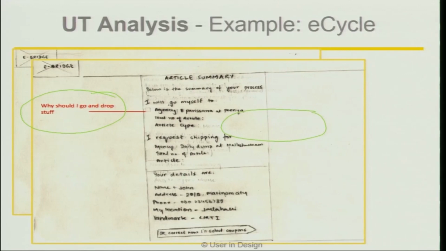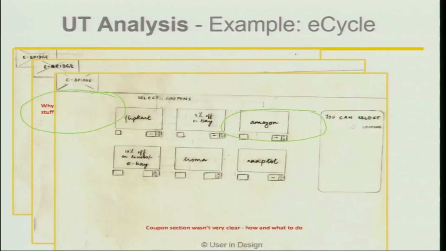Okay, so right away all of these things being taken into account become opportunities to keep making the service better and better. Coupon section wasn't very clear how and what to do. So, they were trying to think of whether this service could have some kind of marketing with some of these brands, right?